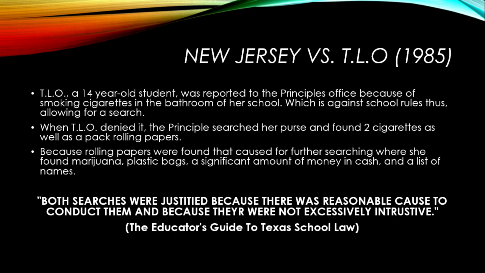When T.L.O. denied it, the principal searched her purse and found 2 cigarettes as well as a pack of rolling papers. Because the rolling papers were found, that called for further searching, where the principal found marijuana, plastic bags, a significant amount of cash, and a list of names. Both searches were justified because of the reasonable cause to conduct them and because they were not excessively intrusive.